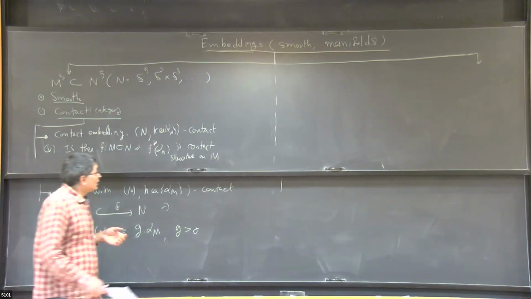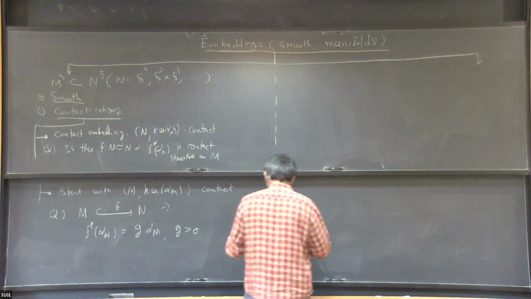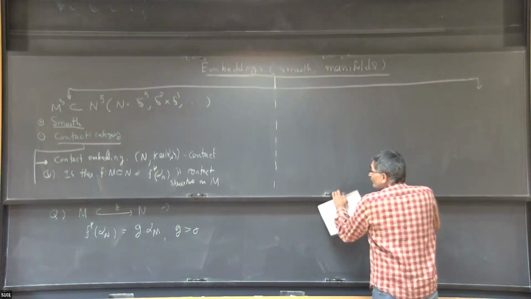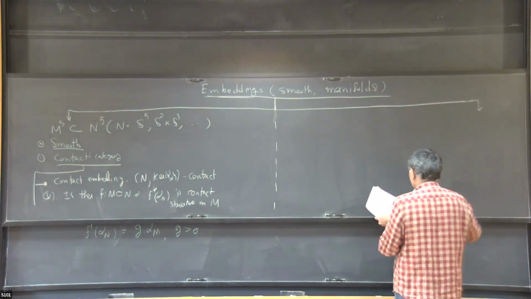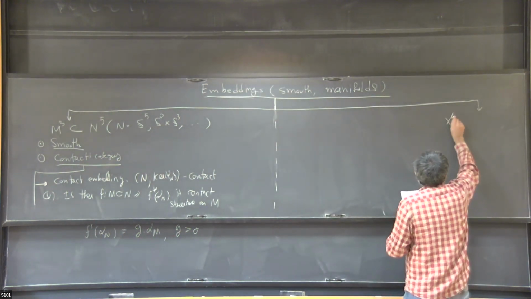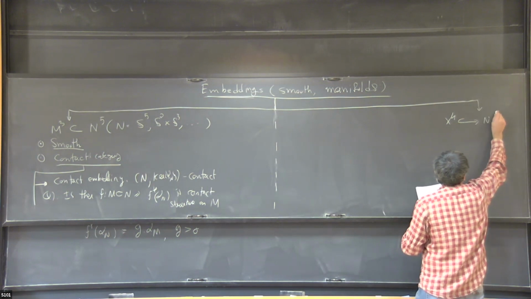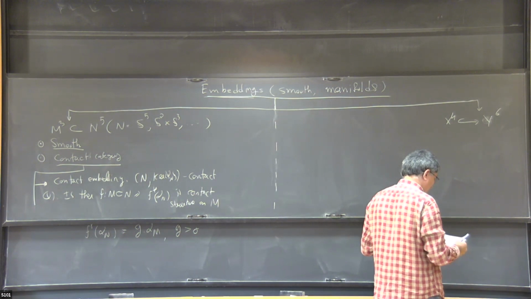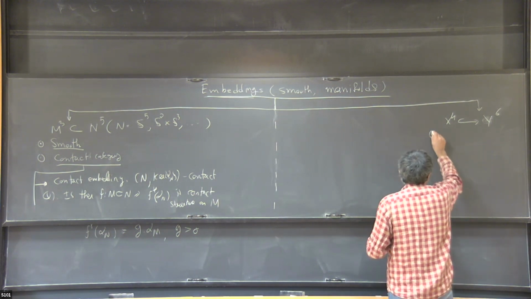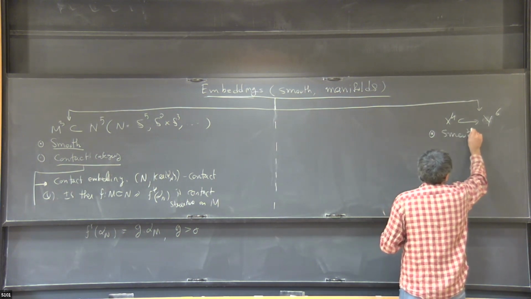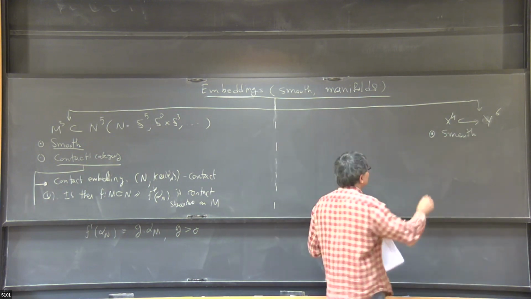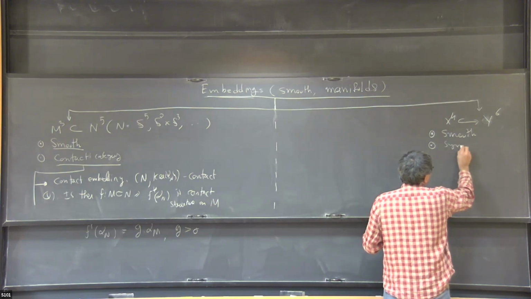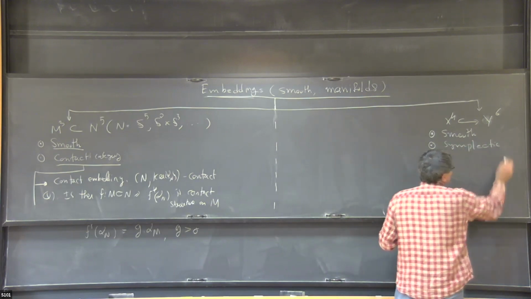Similarly, I discuss embeddings of 4 manifolds in 6-dimensional manifolds. Again, this we will discuss in the case of smooth embeddings and symplectic.